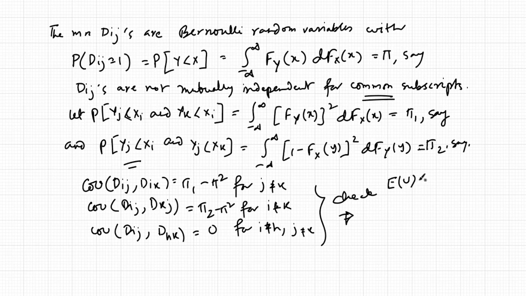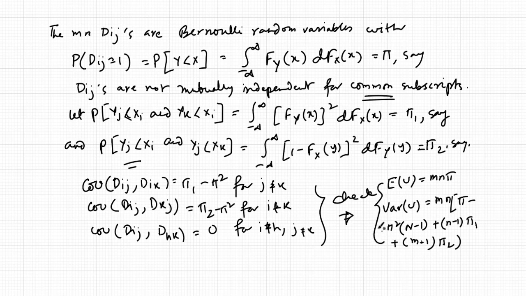Then this implies expectation of U is equal to mn pi, and variance of U equals mn times pi minus pi square times capital N minus 1 plus (n minus 1) pi 1 plus (m minus 1) pi 2.